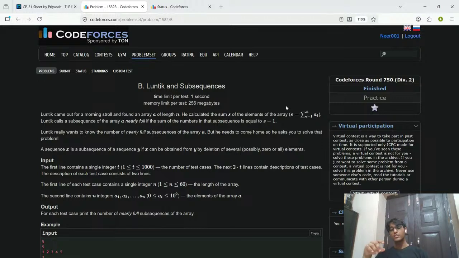And he considers that if through any subsequence of digits we can get the sum as 14, then that subsequence is nearly full. So basically, we have to get the digits whose sum will be equal to s minus 1, where s is the sum of all digits.